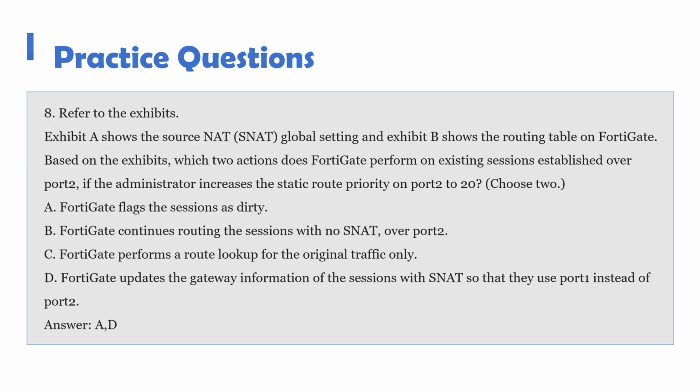A. FortiGate flags the sessions as dirty. B. FortiGate continues routing the sessions with no SNAT over port 2. C. FortiGate performs a route lookup for the original traffic only. D. FortiGate updates the gateway information of the sessions with SNAT so that they use port 1 instead of port 2. Answer: A, D.